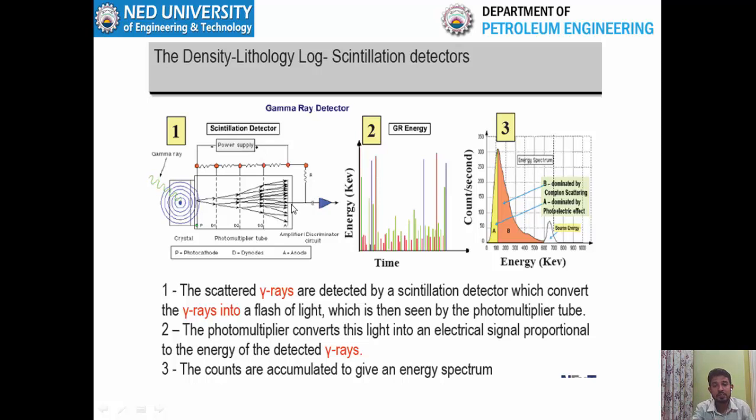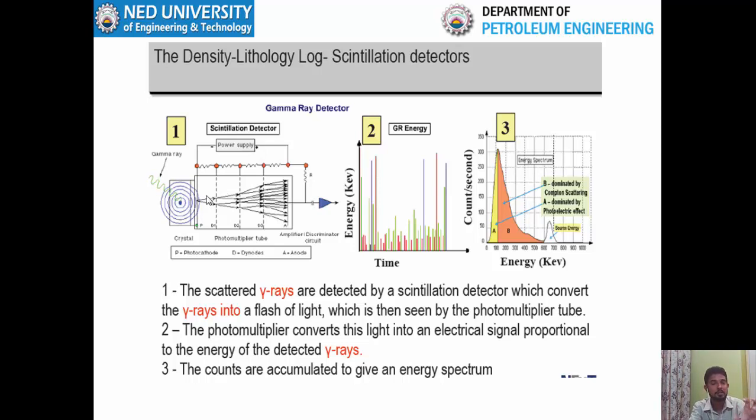And again we have seen that a time constant was there, that a number of gamma rays coming from the formation were stored in this scintillation counter, and an average electrical signal of that particular time constant is recorded.